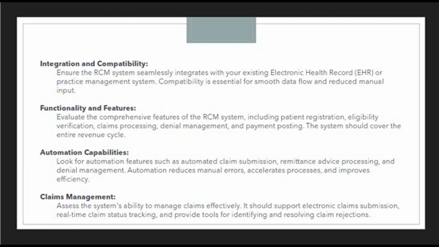Then comes into the picture automation capabilities. Look for automation features such as automated claim submission, remittance advice processing, and denial management. Automation reduces manual errors, accelerates processes, and improves efficiency. Okay, so we should always look at automation because we are going to implement every process element with some automation techniques, right?